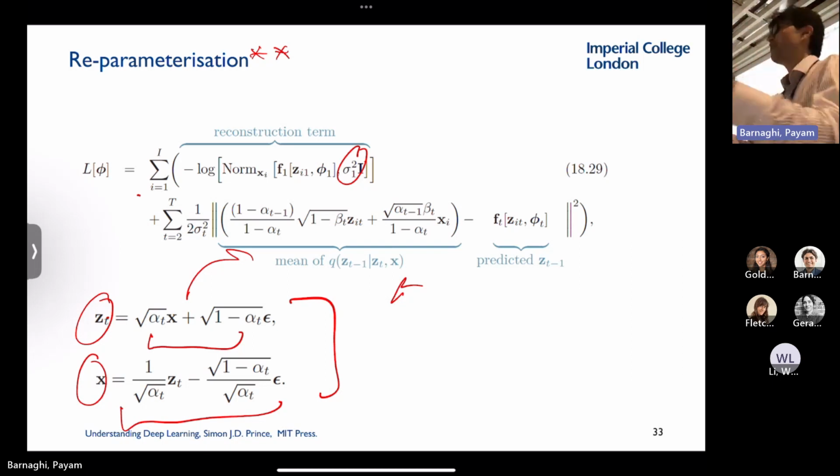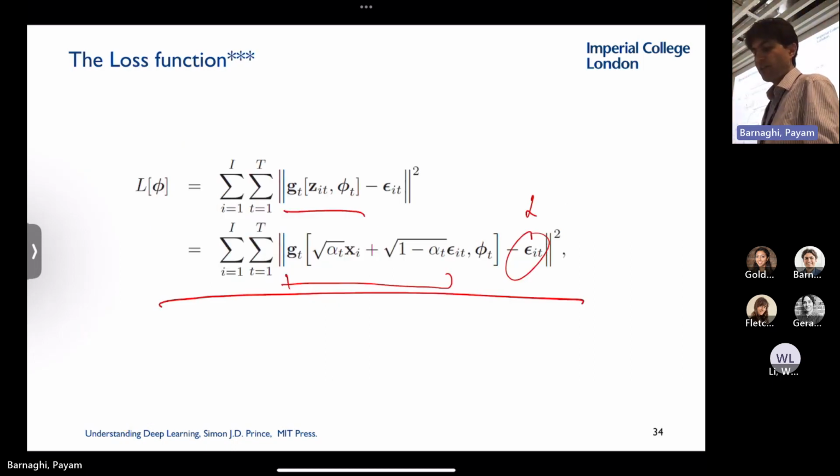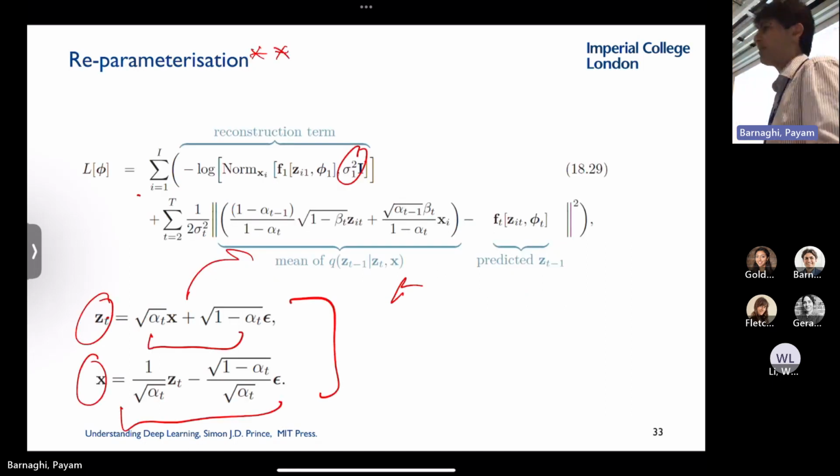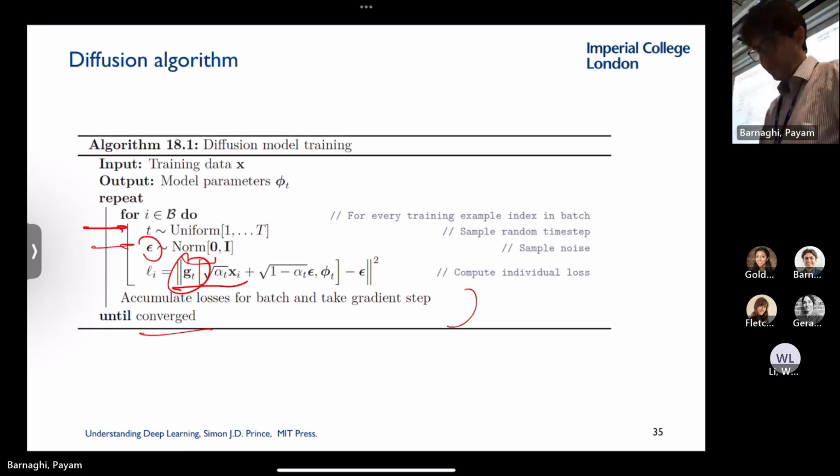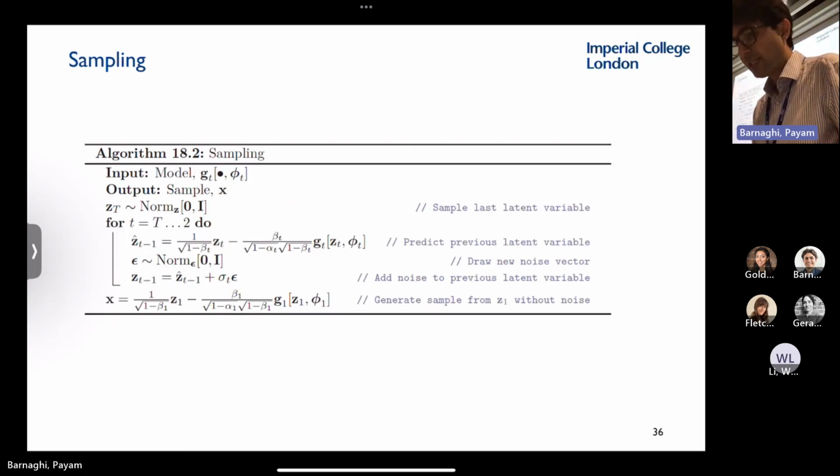In reality, I've eliminated a few steps on the way. What you do is plug this into this formula, and then you encapsulate what you get as a function called GT, and then your model will look like this. Yeah, I've skipped a few steps. Makes sense. Just look at Simon Prince. His book is your friend.